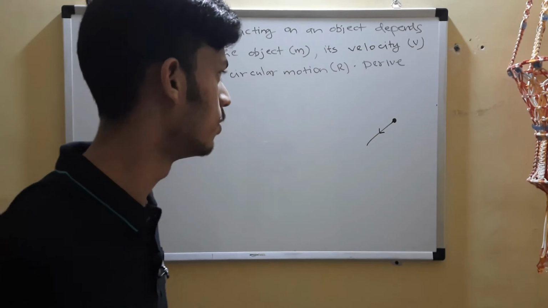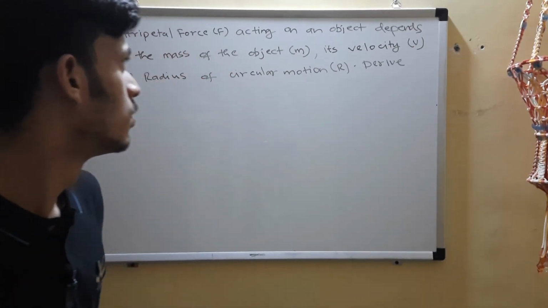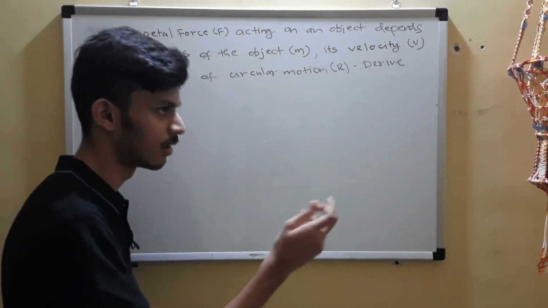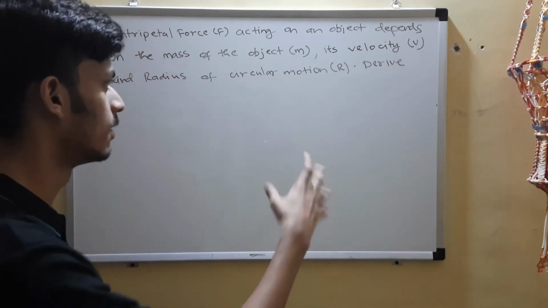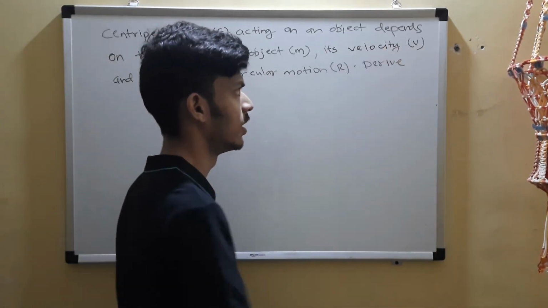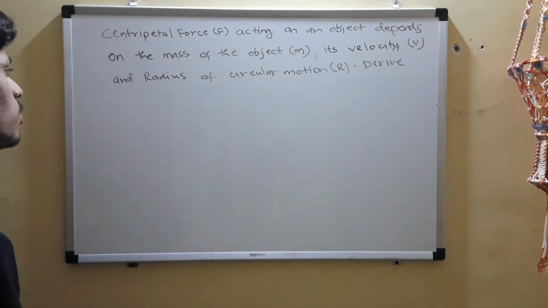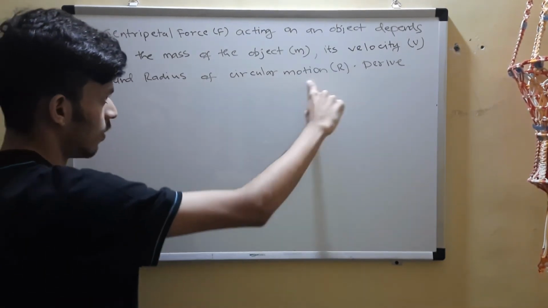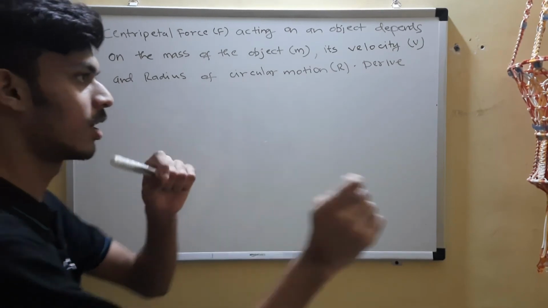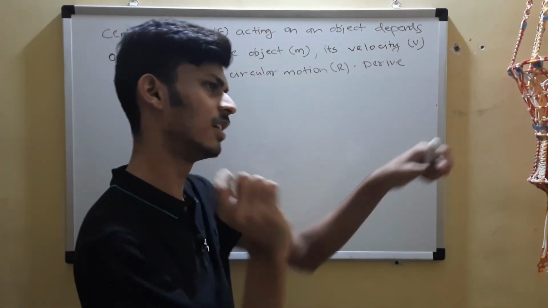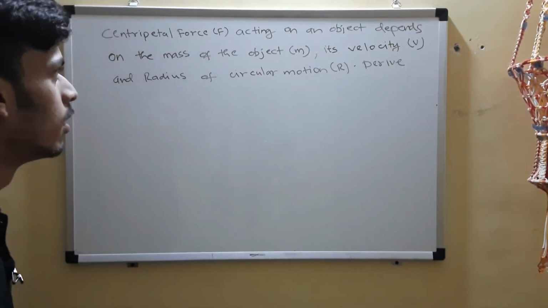It depends on the mass of the object, the mass of the stone in our case, its velocity, with how much speed you rotate it, direction also matters, and the radius of the circular motion. So what is the length of the string, or the radius in which you are rotating the stone.